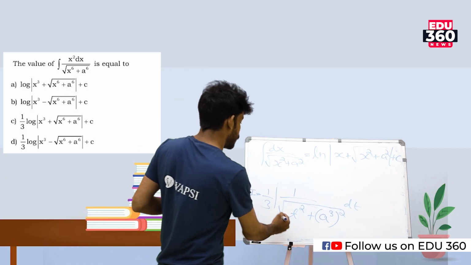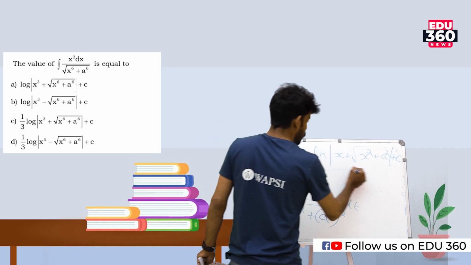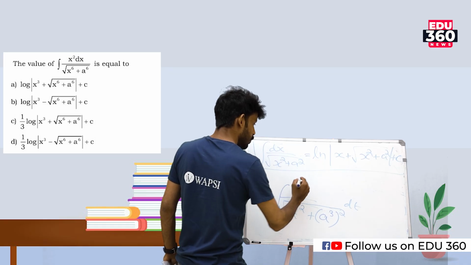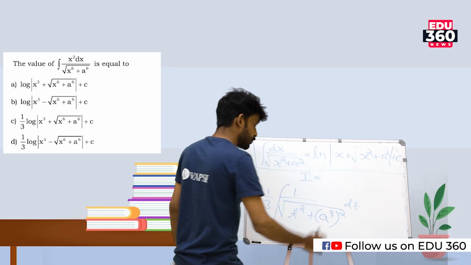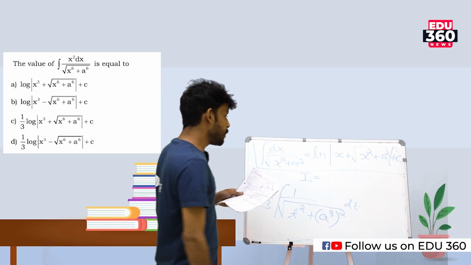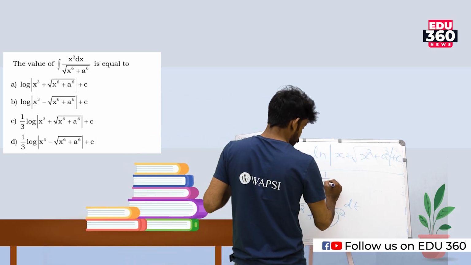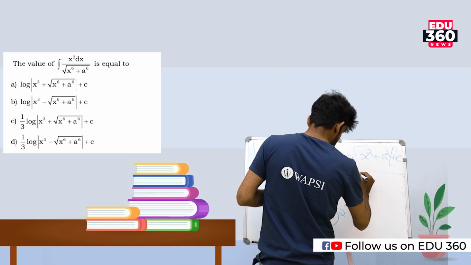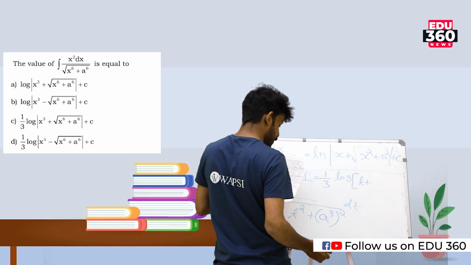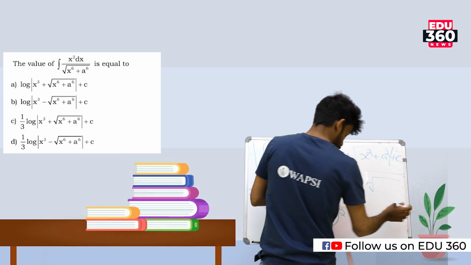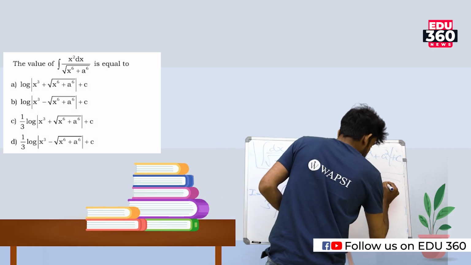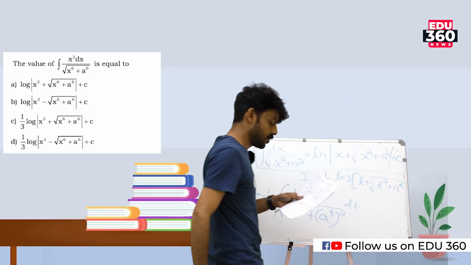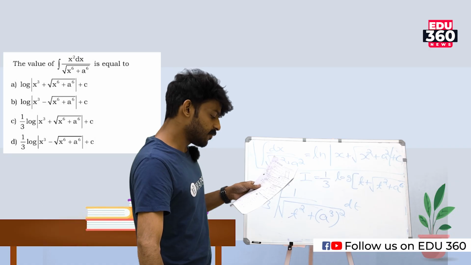For this one, we can put this in a box. So here I is equal to 1 by 3 log of t plus root of t square plus a raised to 6.